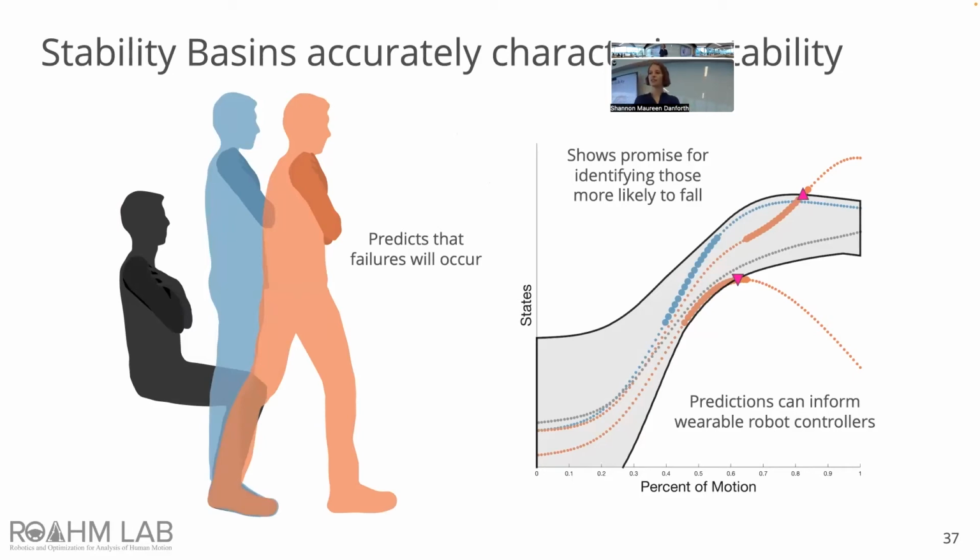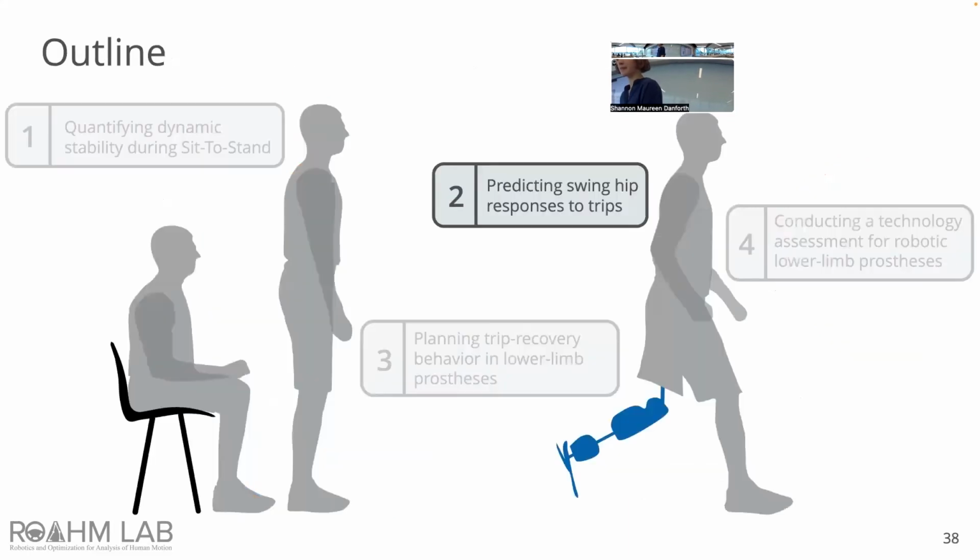But also these predictions could inform wearable robot controllers. For example, if we know that a control strategy will switch, an exoskeleton controller could adjust its own control strategy in order to accommodate that. And with that, I'll move on to the next chapter, predicting swing hip responses to trips.